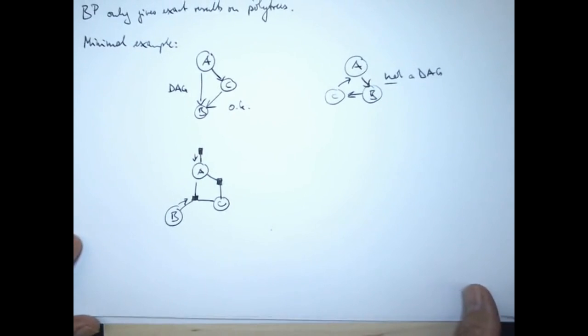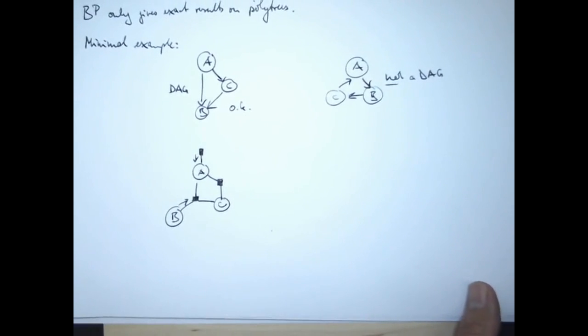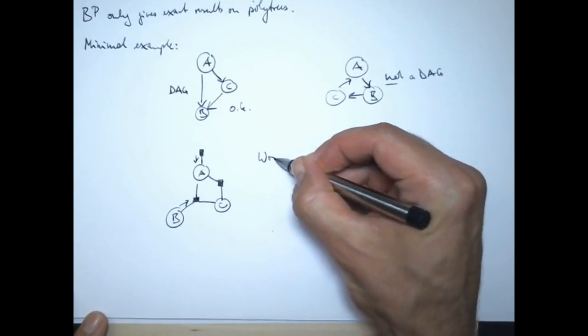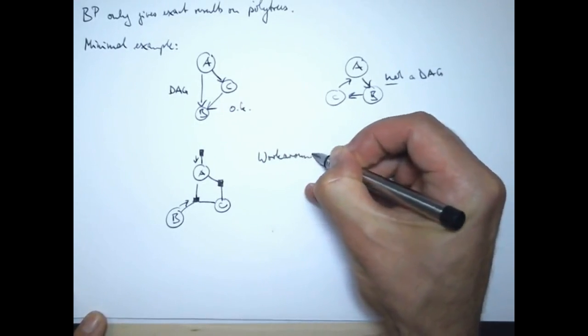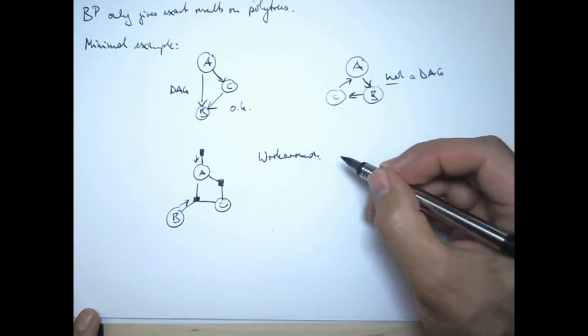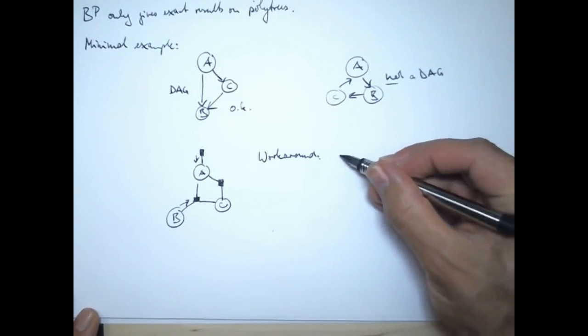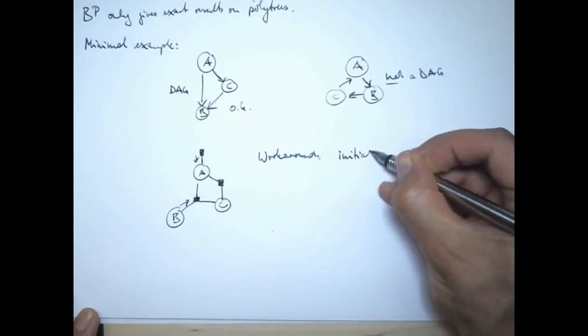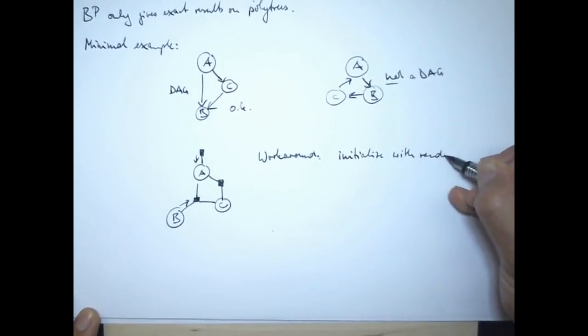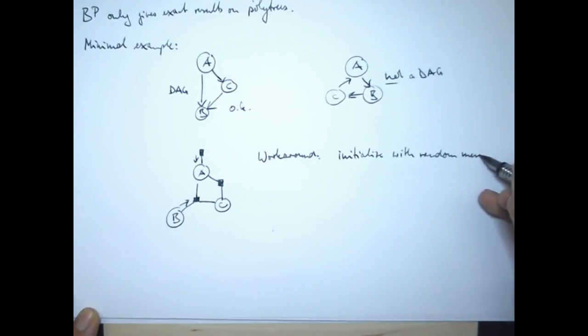Now you can still use belief propagation on such graphs by just initializing the missing messages randomly. So you can say that you initialize with random messages.